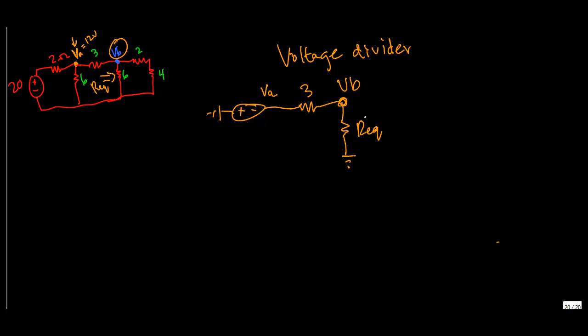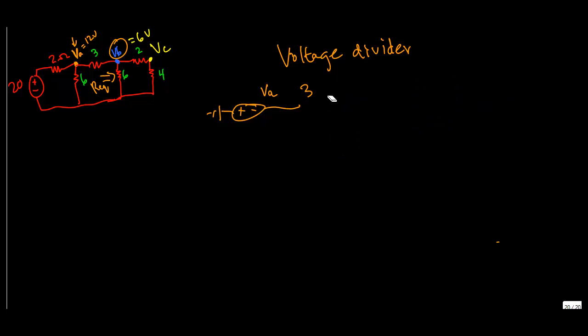So what we want to do is find our R equivalent, so we can say R equivalent divided by 3 plus R equivalent, and then you multiply all that by what we found VA was. Say we have a new node right here called VC, and we already know VB is equal to 6 volts from last time.